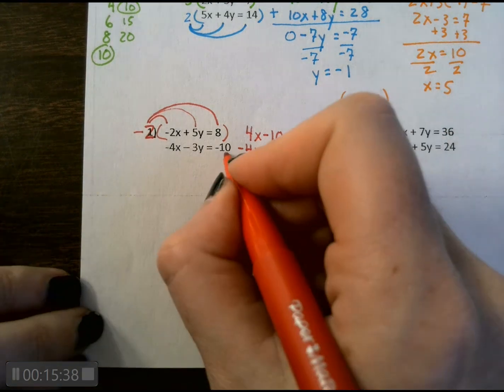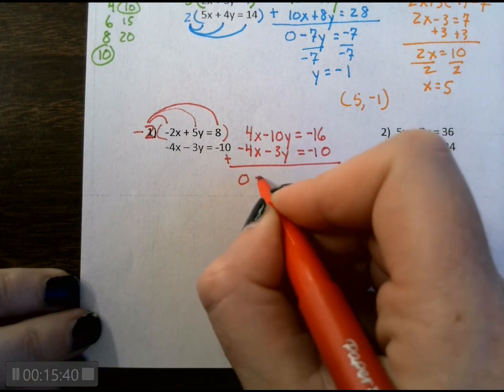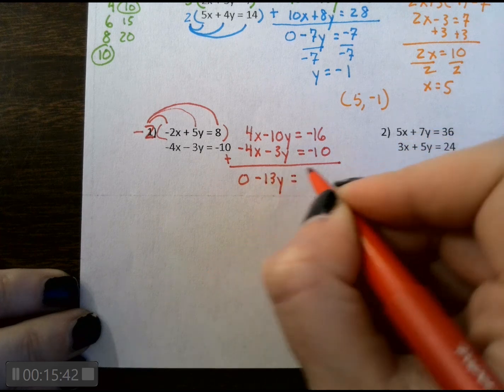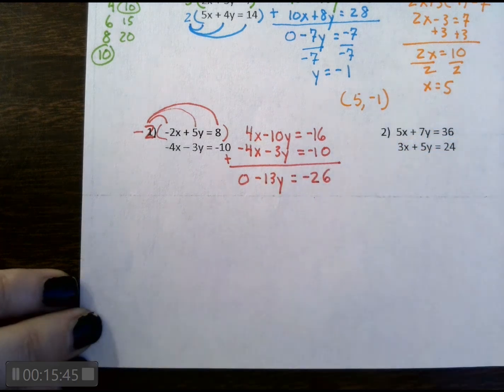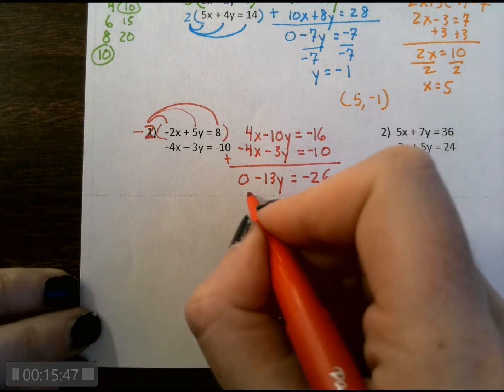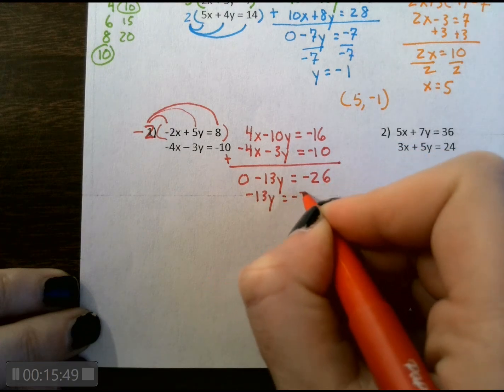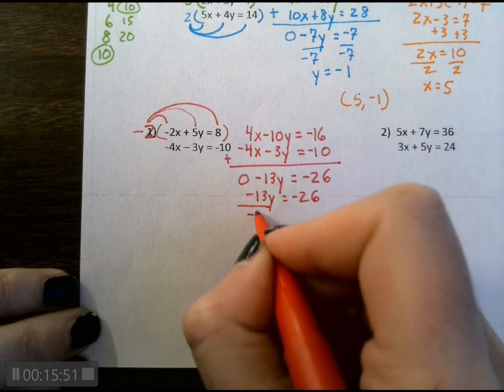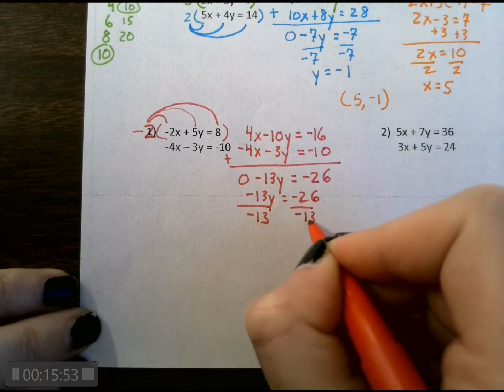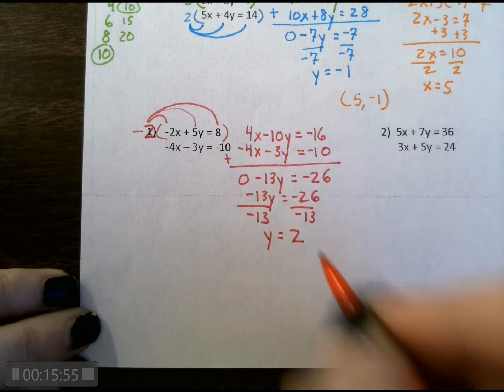And then we can just add. So 0 minus 13y equals -26. So -13y equals -26. We divide by -13, so y equals 2.